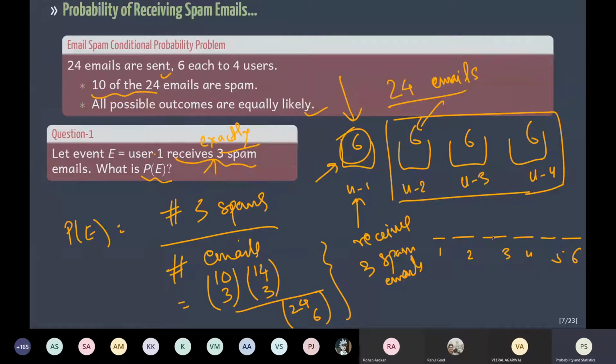And it doesn't matter, ordering here, right? So you can fix these positions for spam and these positions for not spam.